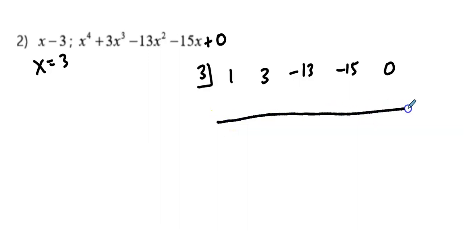So we'll have the level in which we're going to add everything, and on the bottom we're going to multiply. So again, drop the first number, which in this case is 1 again.